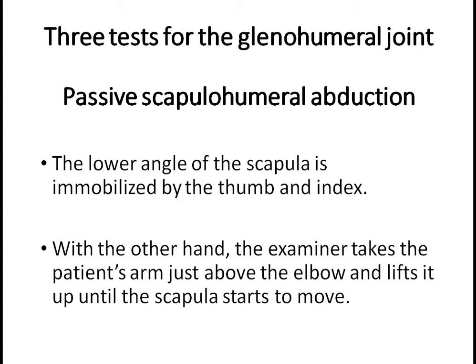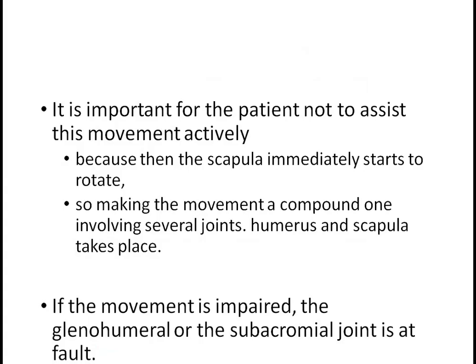Dear students, it is very important for the patient not to assist this movement actively, because then the scapula immediately starts to rotate, making the movement a compound one involving several joints, the humerus and the scapula. If the movement is impaired, the glenohumeral or the subacromial joint is at fault.